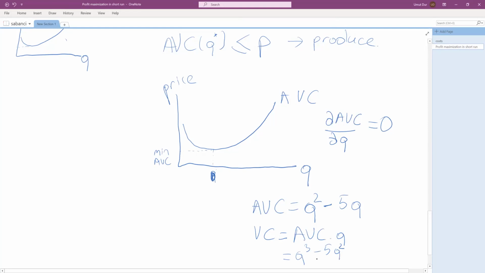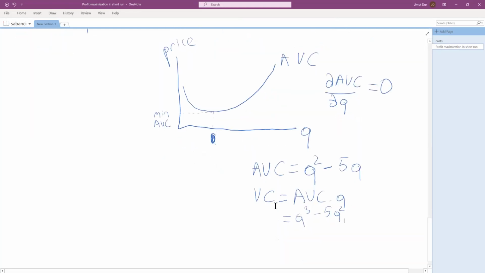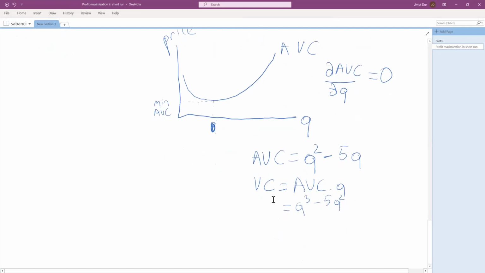Okay, then basically, if I want to find the minimum of this average variable cost, I'm taking the derivative of this average variable cost with respect to quantity. It will be 2Q minus 5 is equal to 0. Okay, then Q is equal to 5 over 2.